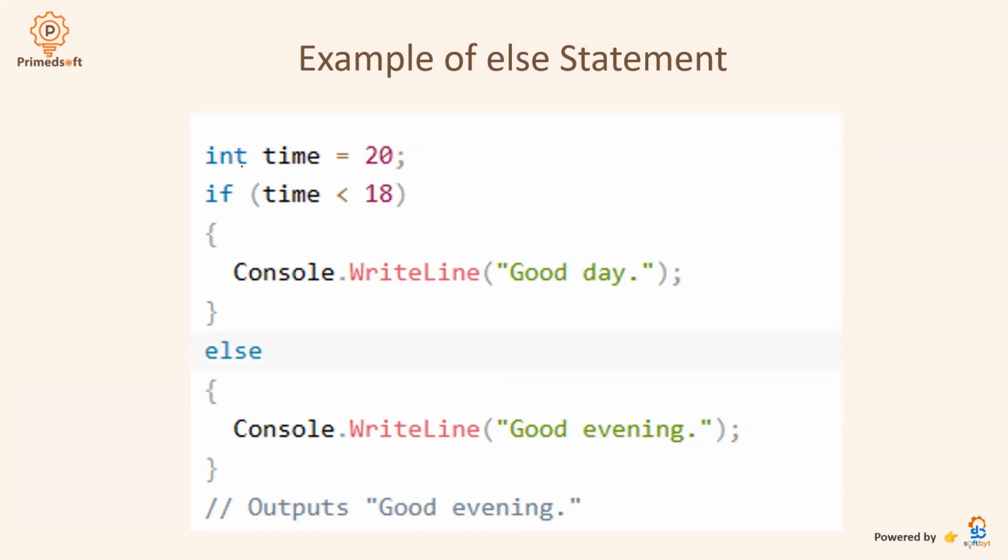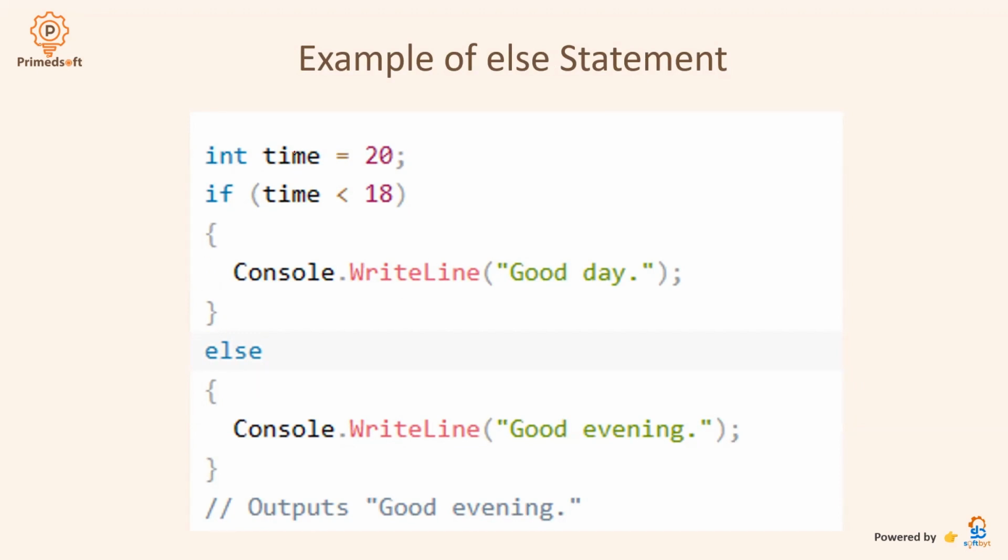Because it's time, they store it with time equal to 20, right? So next, if time is less than 18, console.WriteLine good day. So this is an if. The first one is an if statement, right?